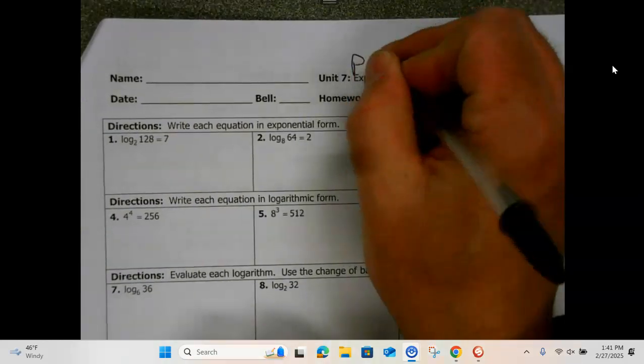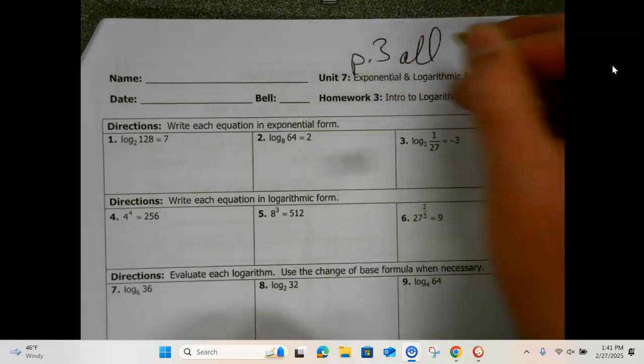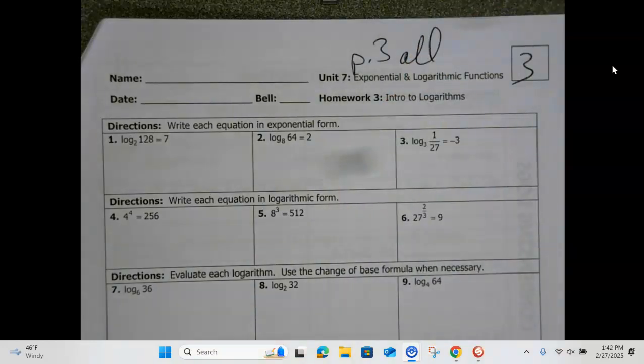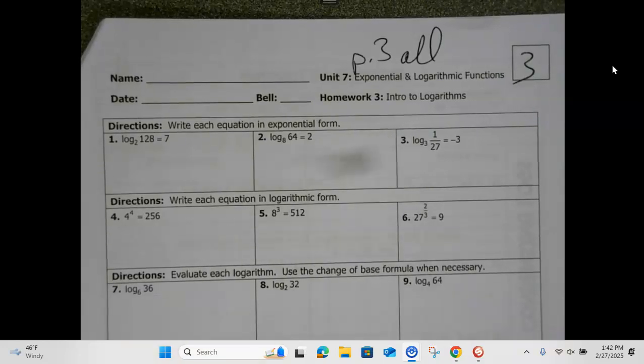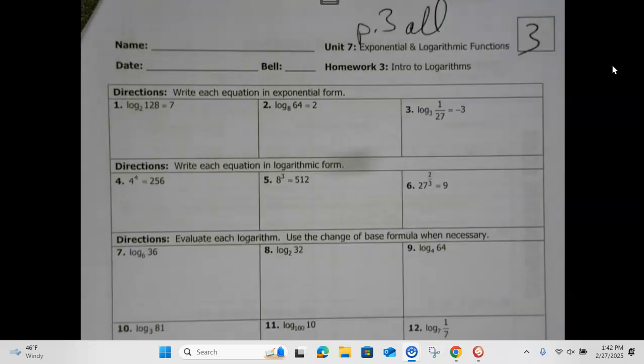So today, page 3, knock them out. When you get to 7 through 21, try messing with the calculator, not using change of base to get to an answer. Like, I would say through number 15.